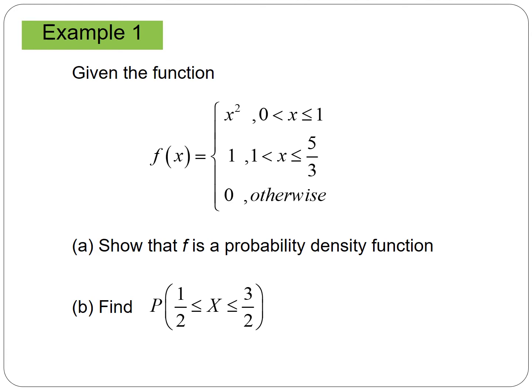F of x is 1 for x lies between 1 to 5 over 3, 0 otherwise. So from here, we know it's a continuous random variable. Why? Because the value of x lies in a given range. So the first part of the task is that you have to show f is a probability density function and later find P of x between 1 over 2 and 3 over 2.